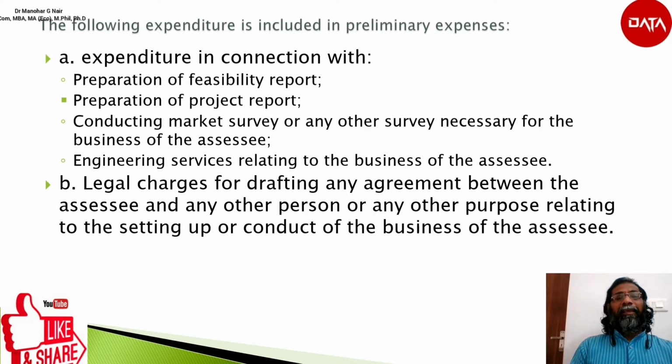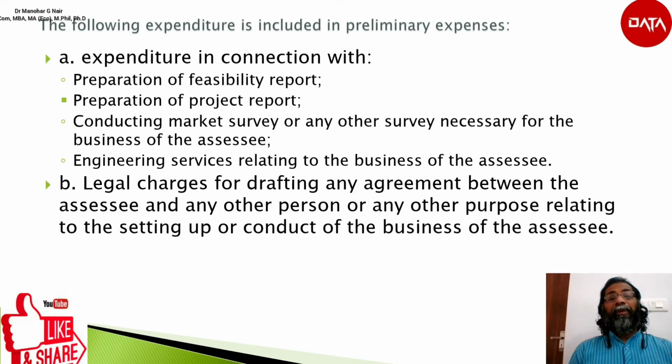While computing the preliminary expenditure, the following expenditure shall be included: A. Expenditure in connection with the preparation of feasibility report and preparation of project report, and conducting market survey or any other survey necessary for the business of the assessee, and engineering services relating to the business of the assessee.